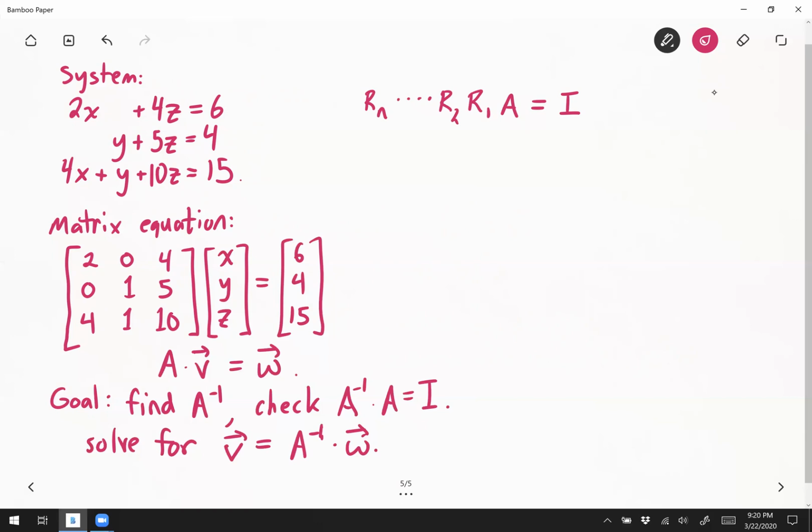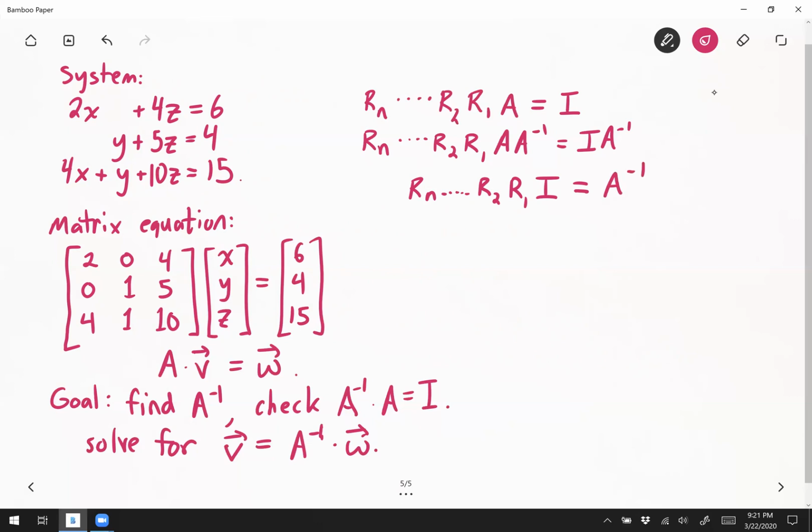Let's go ahead and multiply both sides by A inverse. So on the one hand, I have A times A inverse. On the other hand, I have I times A inverse. And I'm going to simplify this in a very specific way. On the one hand, I'm going to have Rn, R2, R1, and I'm just going to write that as I. On the right-hand side, A inverse times the identity matrix is still A inverse.